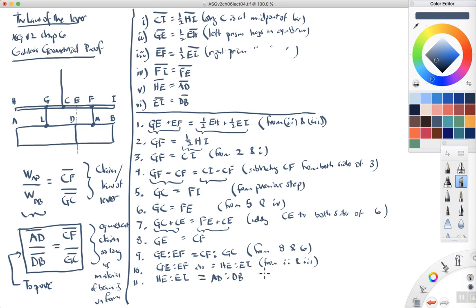How do we know that? This follows from 5 and 6, Roman numerals 5 and 6. So right here, HE is to EI in the same ratio as AD is to DB.